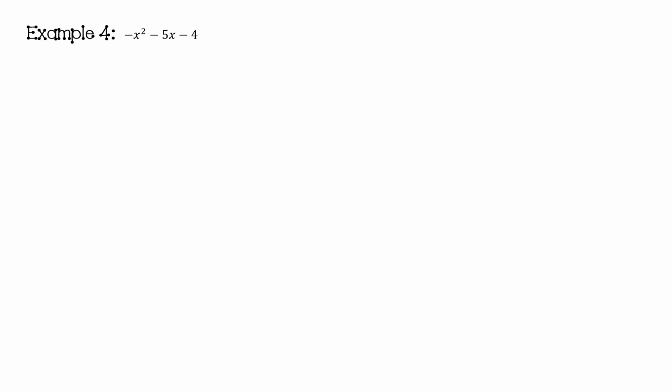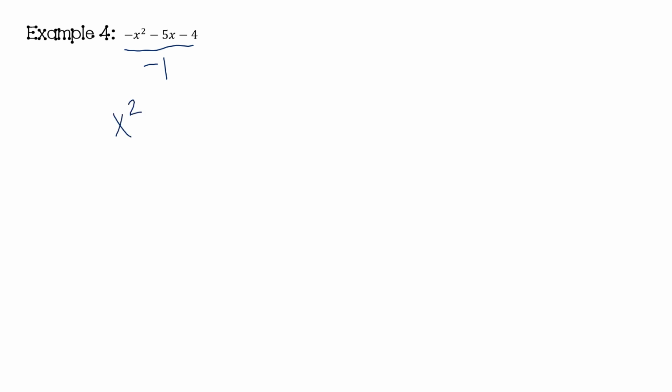So in order to get rid of that negative, not really get rid of it, but take it out of the problem at the beginning so that I can do my star, I would factor out a common factor of -1. So my GCF here would be -1. And what that will do is switch all of the signs. So -1 divided by -1 is +1.